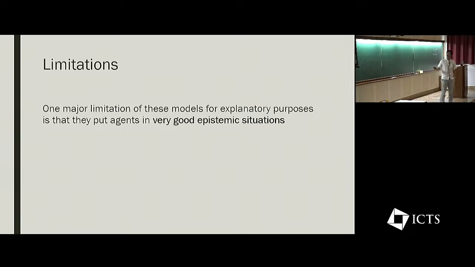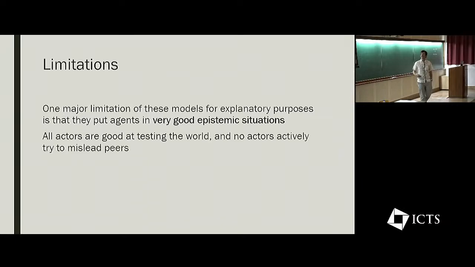So one limitation of these models is that the agents are in very good epistemic situations. In a sense, they're ideal agents who adopt a heuristic that we argue is reasonable, based on what scientists actually do and the reasons they do it, but which, given their actual situation, is a pretty bad heuristic.